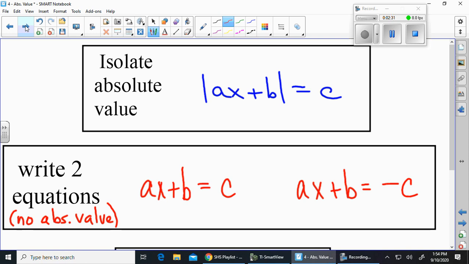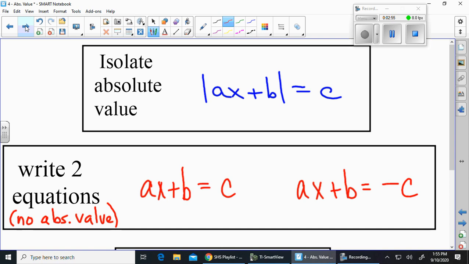So I sort of have this as a flow chart type of thing. If you're given an absolute value equation to solve, so we have an equation, equal sign, what you want to do first is isolate the absolute value. Get it on a side by itself.